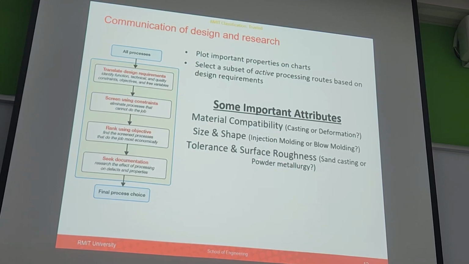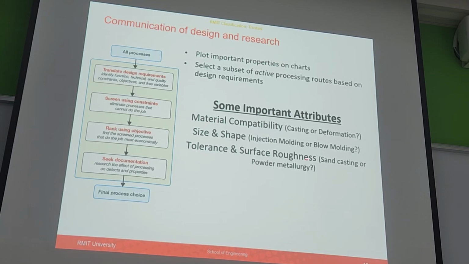For material, for example, casting or deformation. For shape, we can use injection molding. For tolerance and surface roughness, it is sand casting or something like that. I'm telling you about the whole idea of the process. You can see the attributes of that.